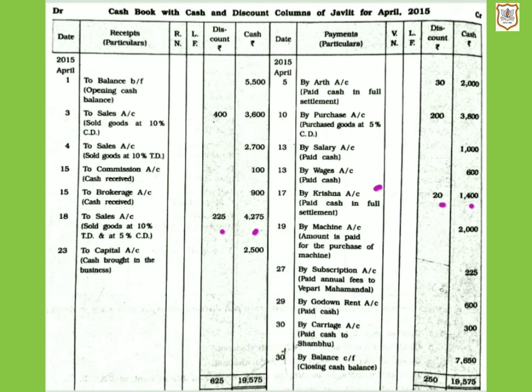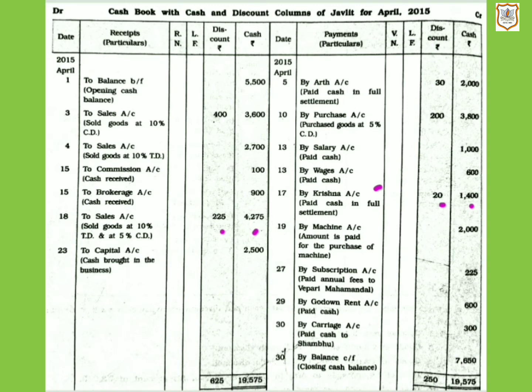We can call it cash transaction for the amount of rupees 2,000 only, as we have made payment for rupees 2,000 only, and remaining payment we will pay 1 month later. So in cash book, we will record the amount of rupees 2,000 only, as this much is only cash transaction.